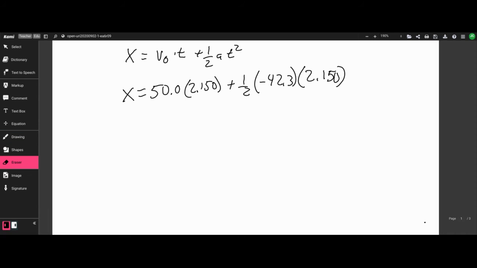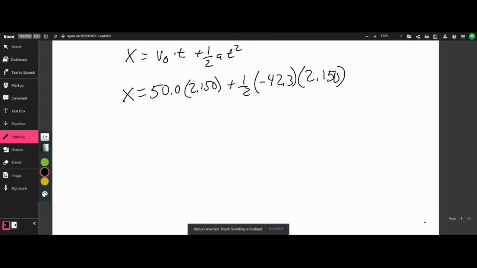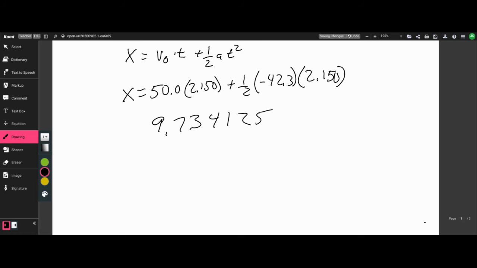So when I take these numbers and multiply and add them together using proper orders of operations in a calculator, I end up with 9.734125. Now, again, when we did this in the 1950s, we would have ended up with an answer for the first term, and we would have done sig figs.